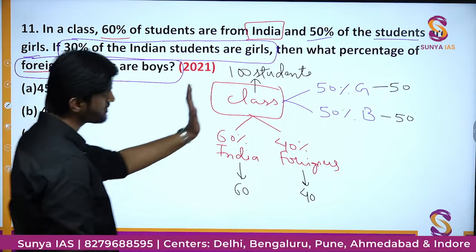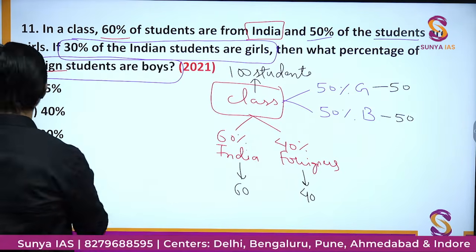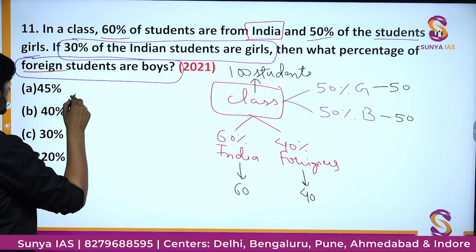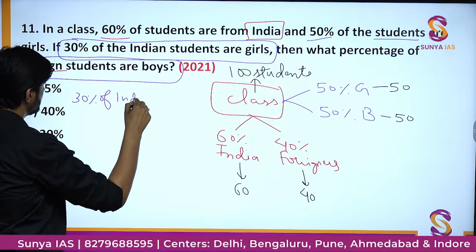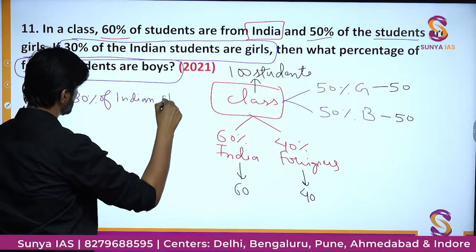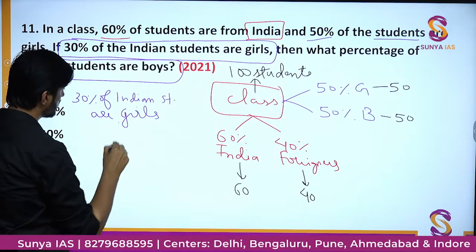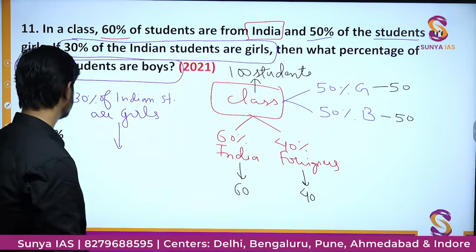After doing this assumption, we'll look back to the question again. 30% of Indian students are girls. Let me write that for you. So 30% of Indian students are girls. So what is the total number of Indian students? It is 60.